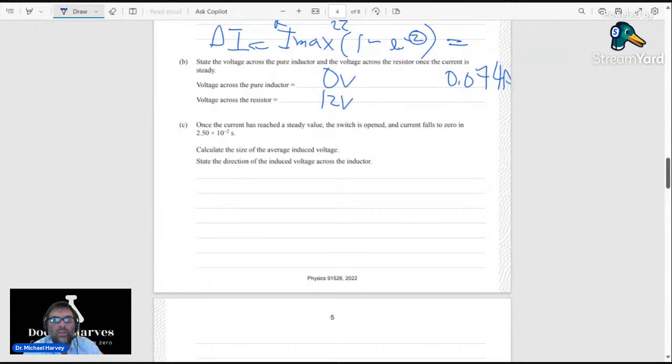Okay, so once the current has reached a steady value, the switch is opened and the current falls to 0 in 2.5 times 10 to the negative 2 seconds. Calculate the size of the average induced voltage and then also state the direction. So this is straight from your equations.